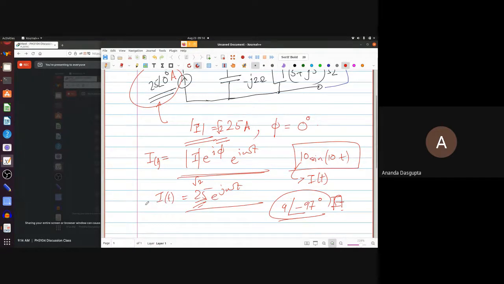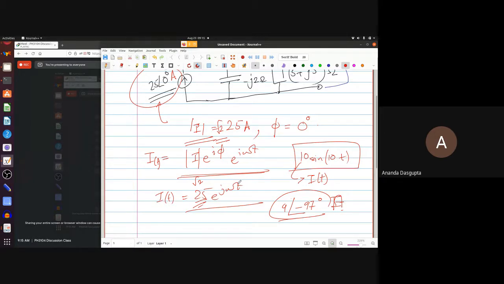Now, does it mean that 9 is the amplitude of the current? The answer is no. The amplitude of the current is actually 9 root 2. 9 is the RMS value. So if you just start with 25, forget the root 2, you are going to end up with 9 here. Or actually 9.0 something. But you are going to get something close to 9. And 9 will be the right answer. So you don't really have to worry about the extra root 2.